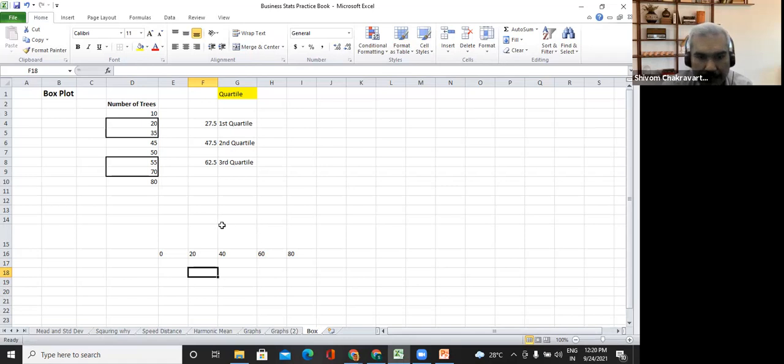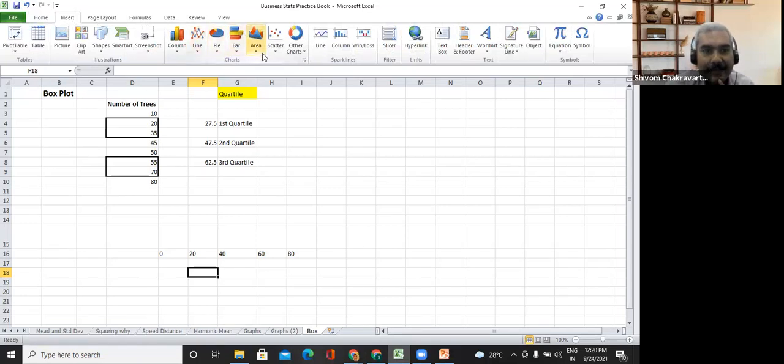So this box which we will draw is called the box plot. That is the box we are trying to make. Let me see if there is a box plot here.